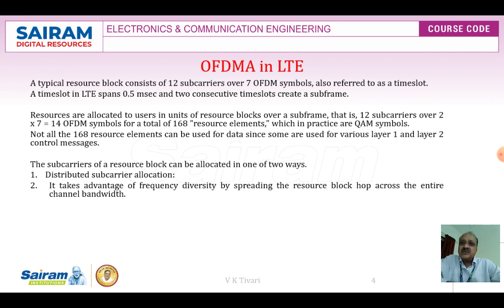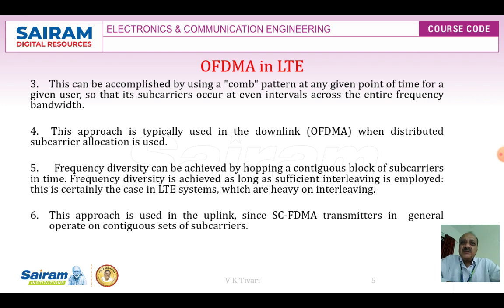The subcarriers of the resource block can be allocated in one of two ways. Distributed subcarrier allocation takes advantage of frequency diversity by spreading the resource block, hopping across the entire channel bandwidth. This can be accomplished by using a comb pattern at any given time for a given user, so that its subcarriers occur at a given interval across the entire frequency band.